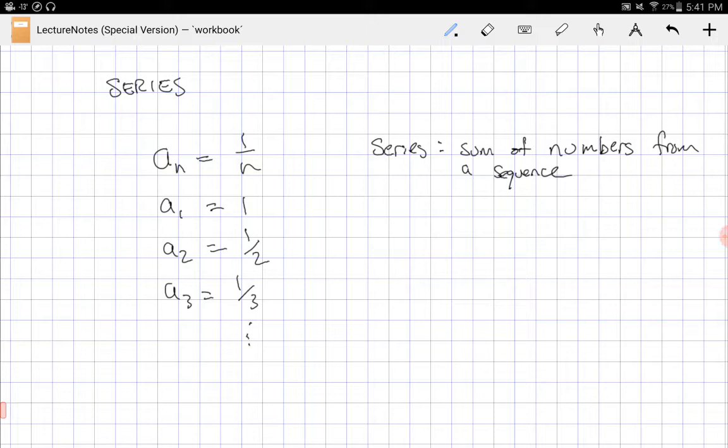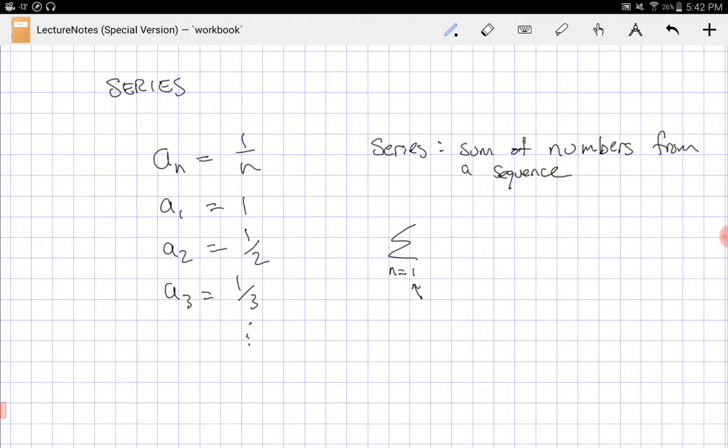What we're particularly interested in with series, first of all, the summation of a bunch of numbers is this funky looking backwards E sign, where we write n equals 1.